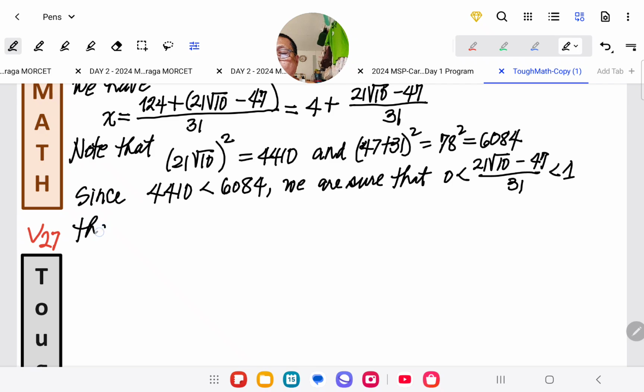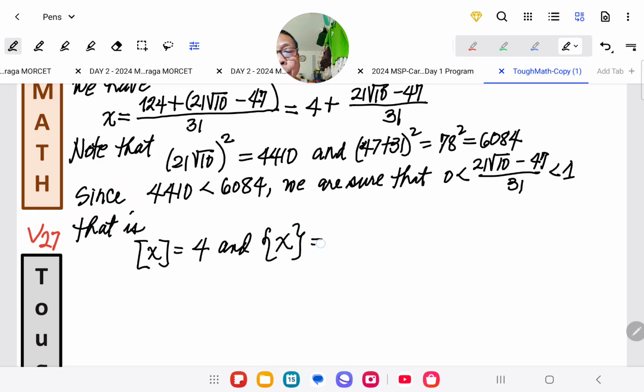That is, the greatest integer value of x is 4, and the fractional part of x is equal to 21 times the square root of 10 minus 47 over 31.